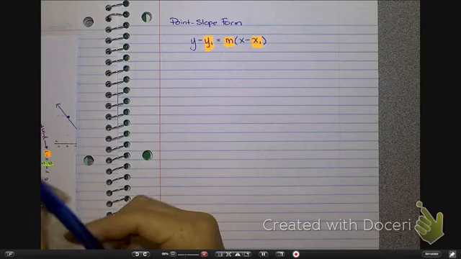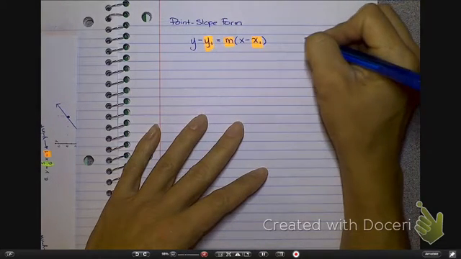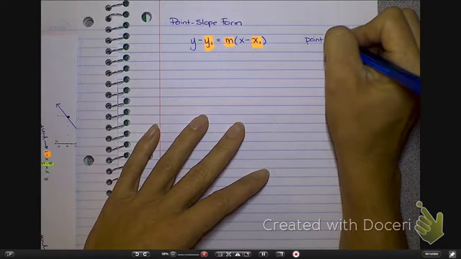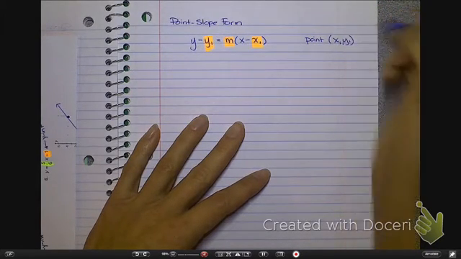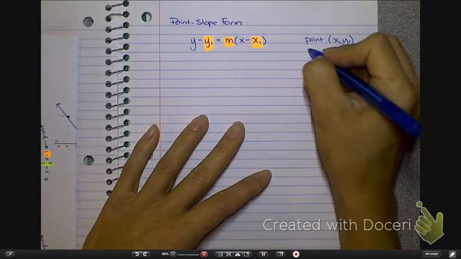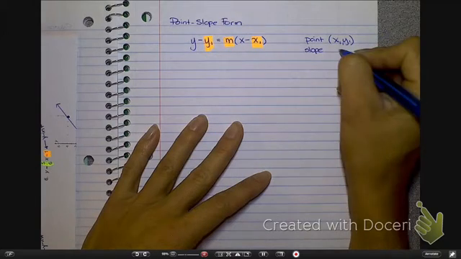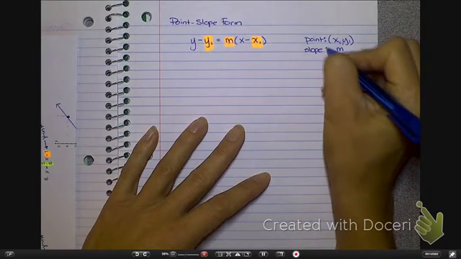So that's why this is called point-slope form, because we know that in any point there's an x and a y, right? So if we know a point, and then we can also find the slope, remember the slope is the letter m, then I can graph my line.